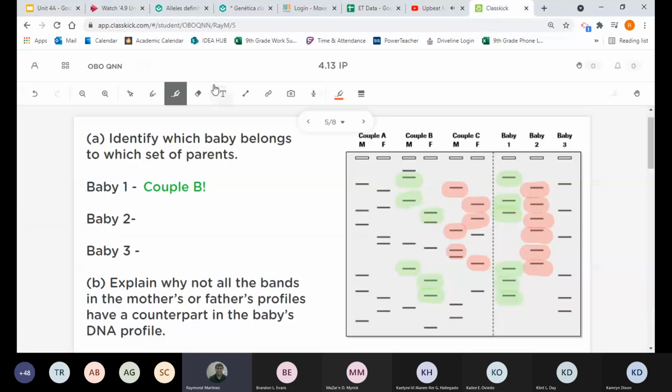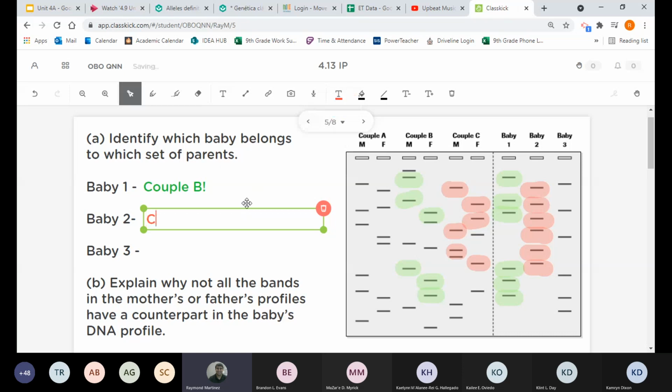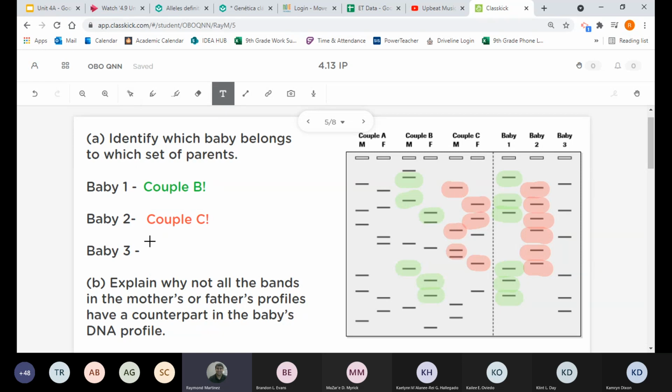Great work, you guys. So then for baby two, let's make this red. That's going to be couple C. And of course, baby three, by process of elimination, is going to be couple A.